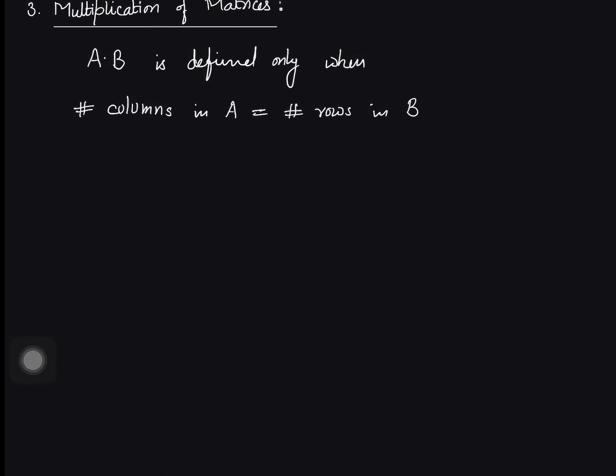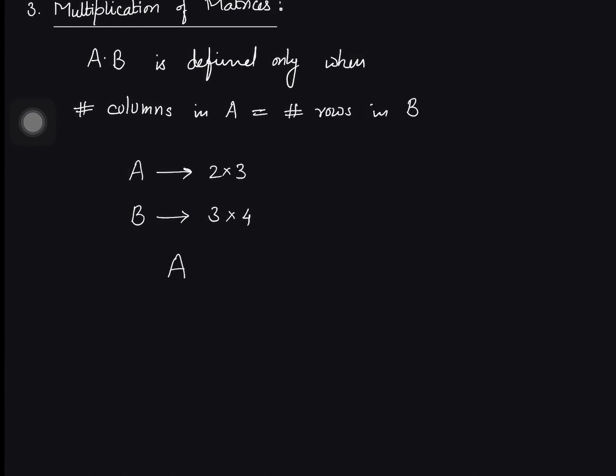That means if you have to find the product of matrices A and B, then number of columns in the first matrix A should be same as number of rows in matrix B. So what does it mean? It means that if suppose you have a matrix A of order 2 by 3 and matrix B is of order 3 by 4, then first we will see that the product is defined or not. That means the product exists.